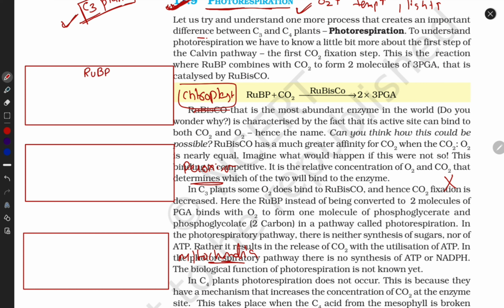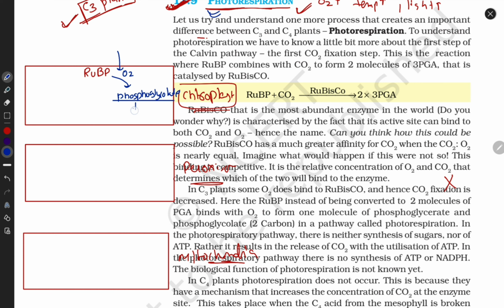Are you familiar with RuBP? We know RuBP takes CO2 from the surroundings, but in the case of photorespiration, O2 enters. O2 enters, and what do they make? They make phosphoglycolate.